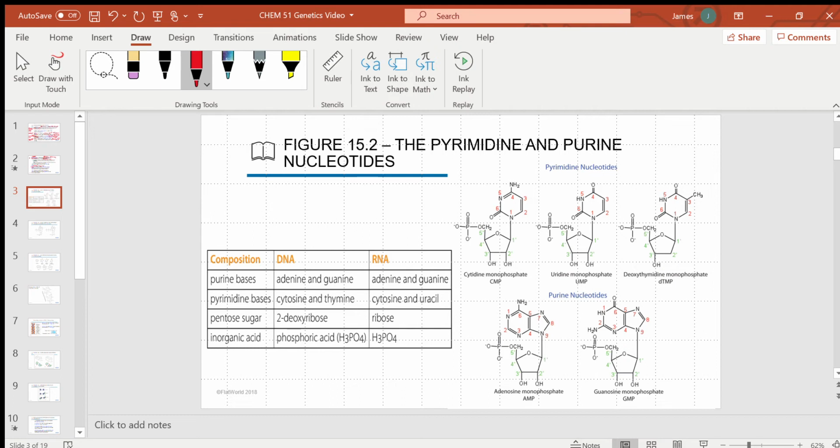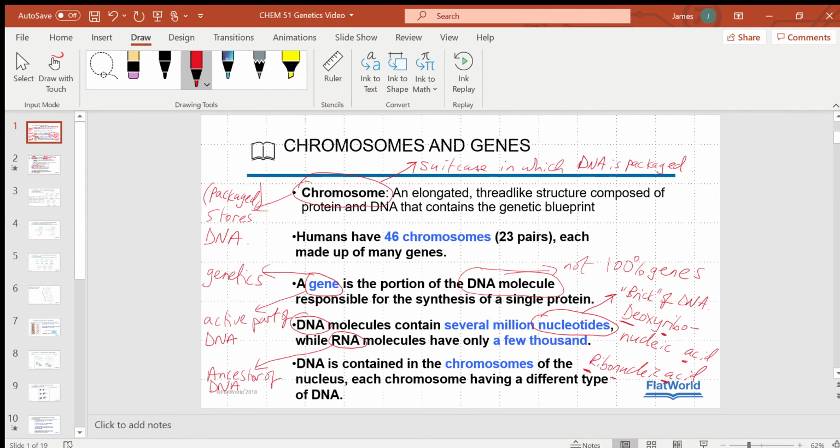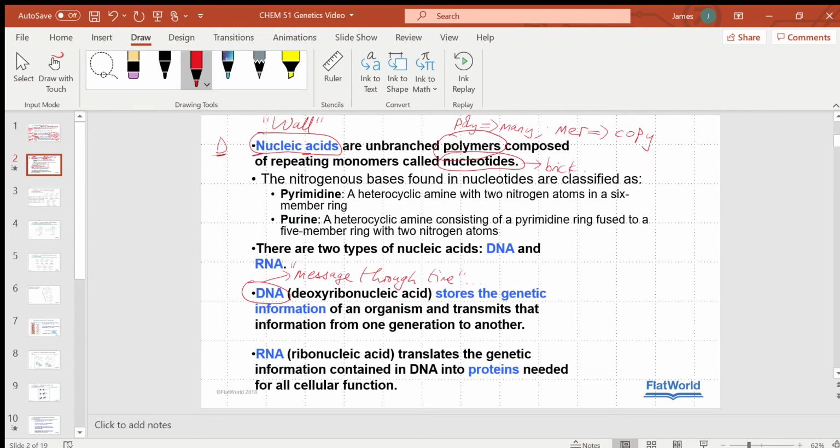Okay, this is a chemistry class, so let's look at some chemical structures. So we mentioned earlier, and here's where I need the earlier mention, that there were nitrogenous, that just means contains nitrogen, bases: purines and pyrimidines.